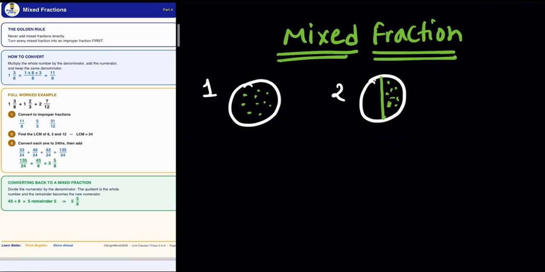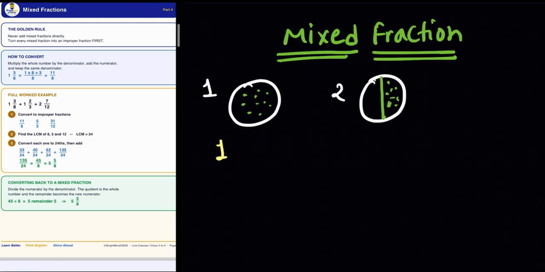So it means one whole you have finished, and for the second pizza you have only eaten half of the pizza.